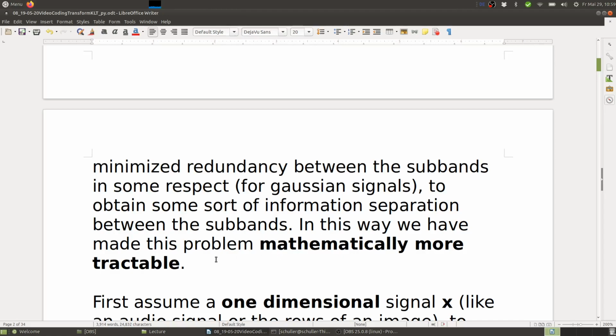So now we have simplified our problem formulation such that we can obtain a mathematical closed form solution. But keep in mind this solution is not for the original problem, so in the end it is not the only solution, but it is a simple solution.